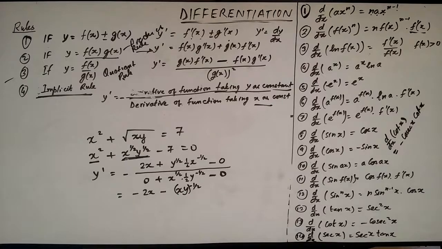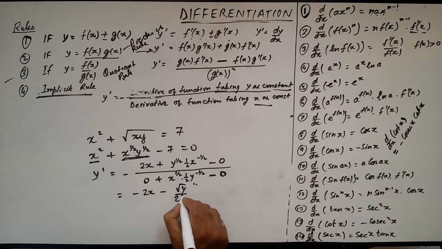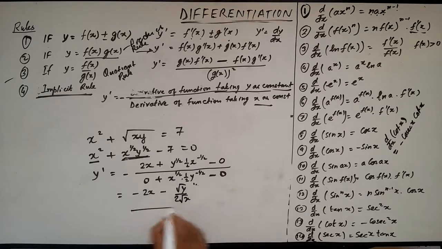Okay. This is square root of y upon 2 square root of x in the denominator, and this is square root of x, and this is 2 square root of y. Okay, so this is how it is.